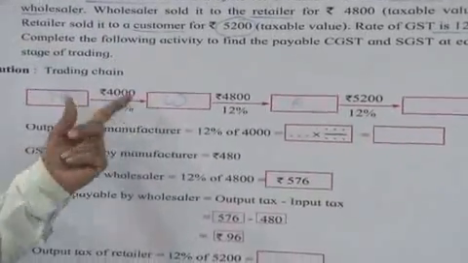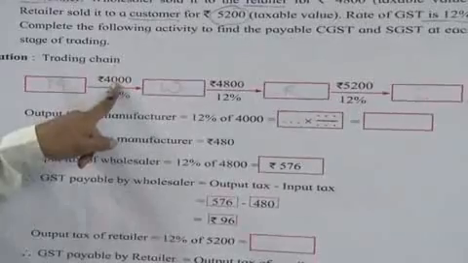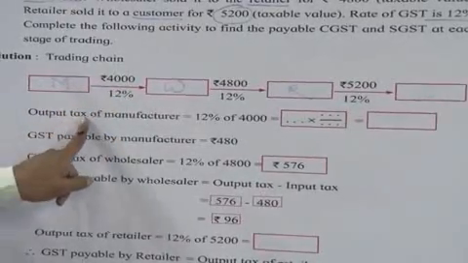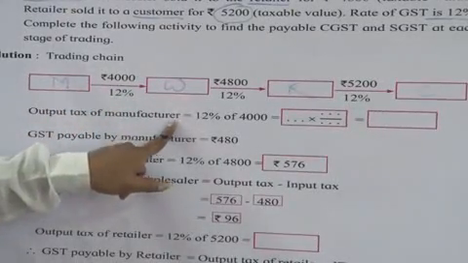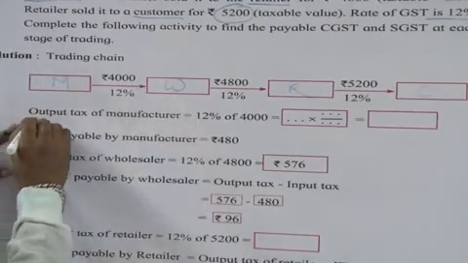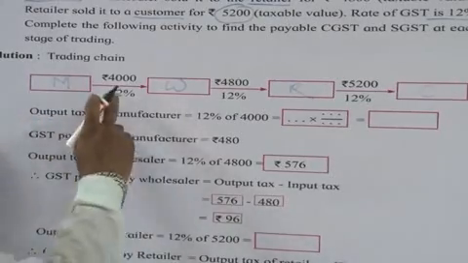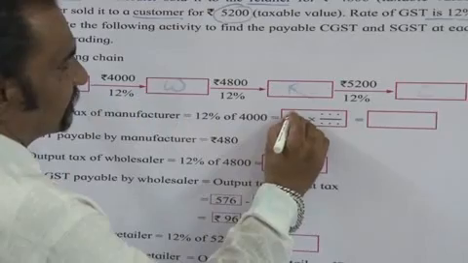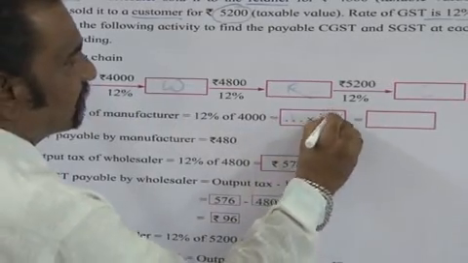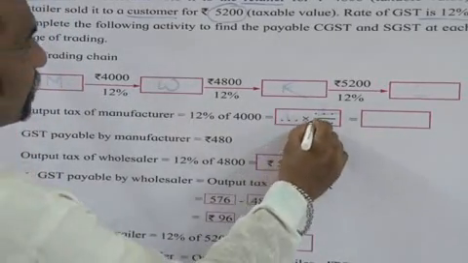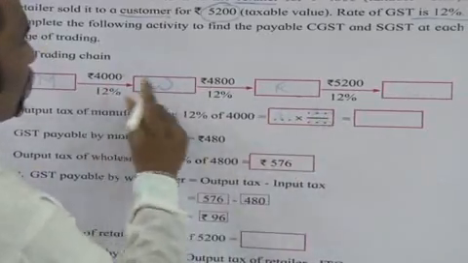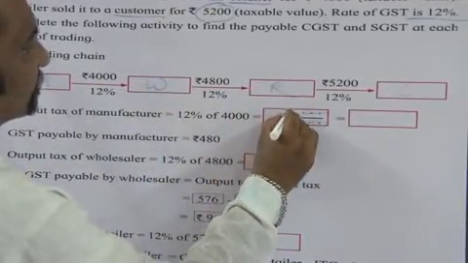The first transaction is 12% GST on 400 rupees, the output tax of the manufacturer. Output tax, this word is again important. How many percent? 12%. 12% on how many? 400 rupees.